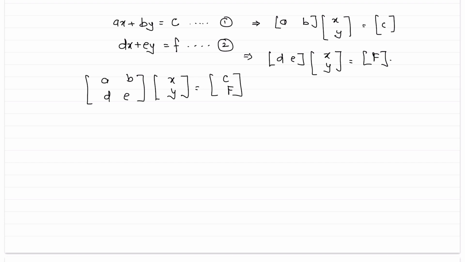Can we write like this? Now if you expand, what happens? AX plus BY, next one is DX plus EY, that is equal to CF. That means the original equations are obtained.